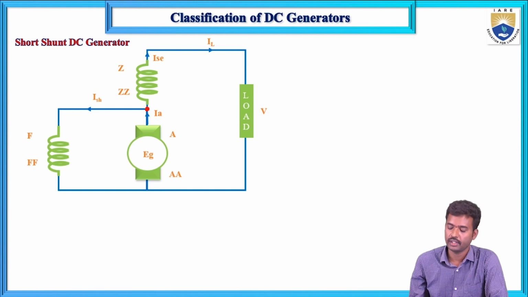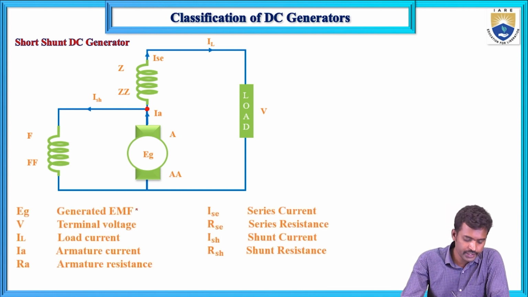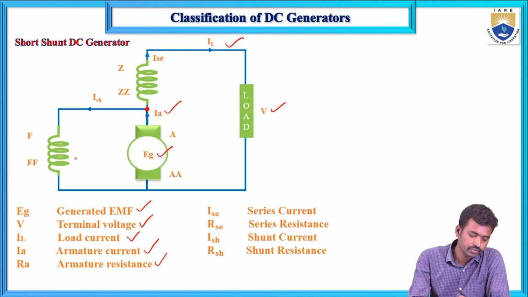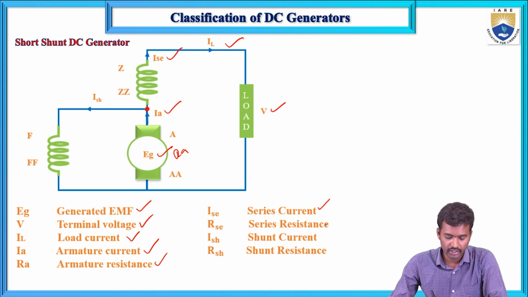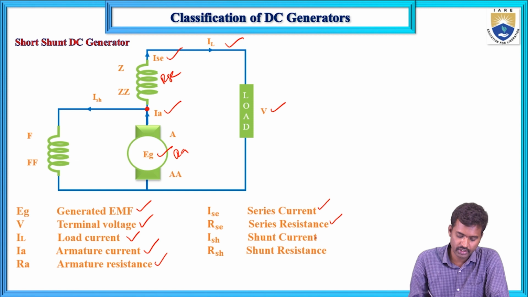Now see the parameters here. EG is the induced EMF, V is the terminal voltage, IL is the load current, IA is the armature current, and RA is the armature resistance. I series is the series field winding current and R series is the series field winding resistance.